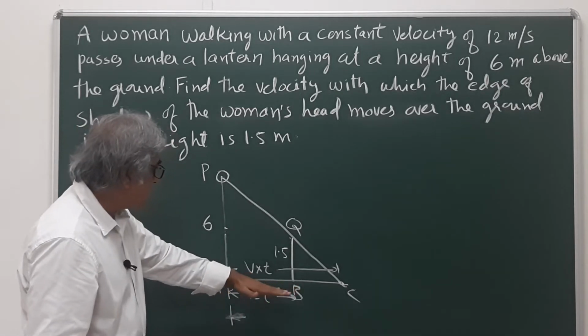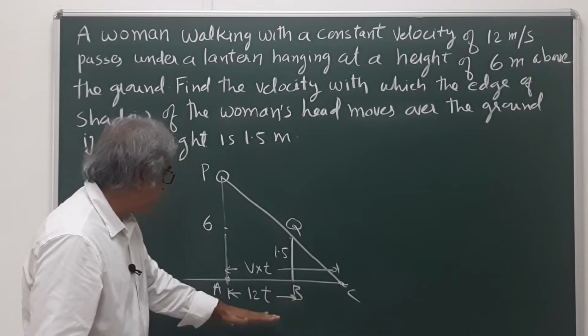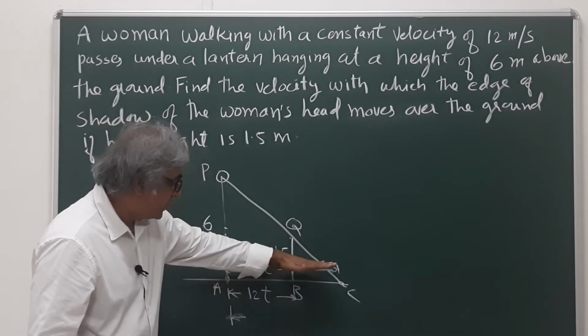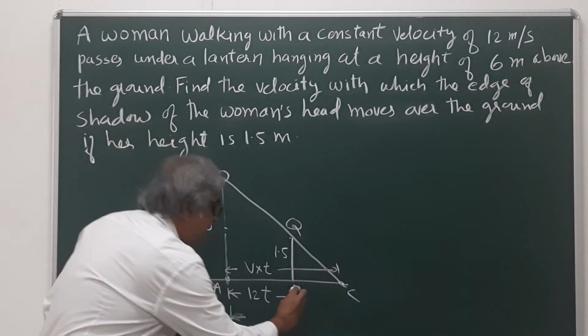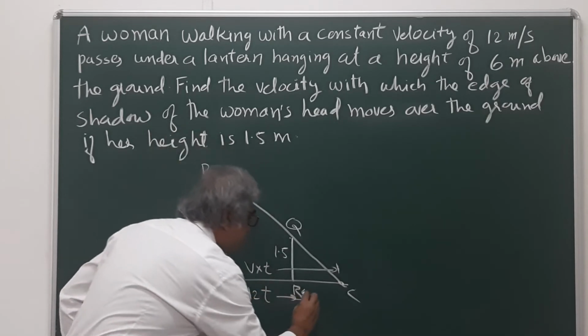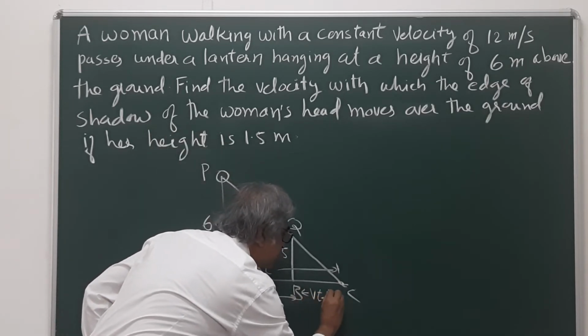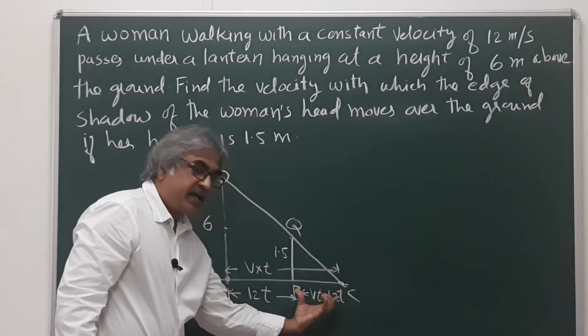This is Vt, this is 12t, so this length BC is Vt minus 12t.